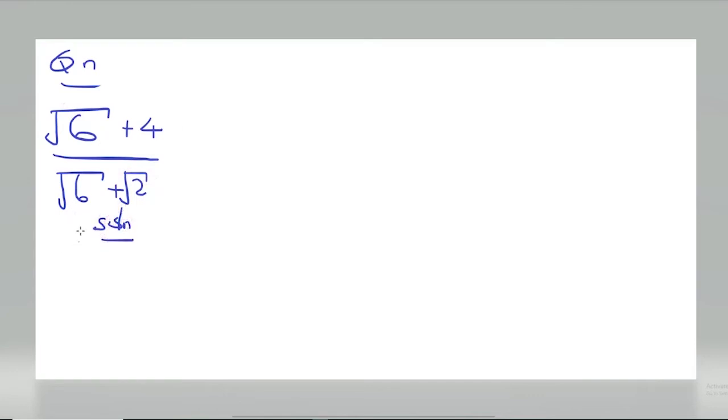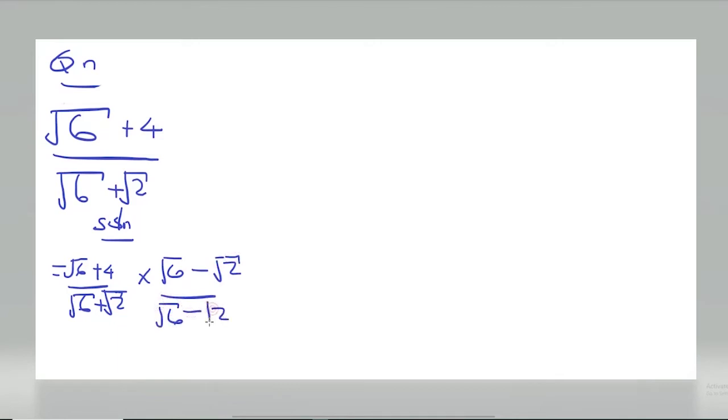Rationalize the denominator. Now take root 6 plus 4 over root 6 plus root 2. Then multiply by root 6 minus root 2 over root 6 minus root 2, by reversing the operation there, as I told you before.